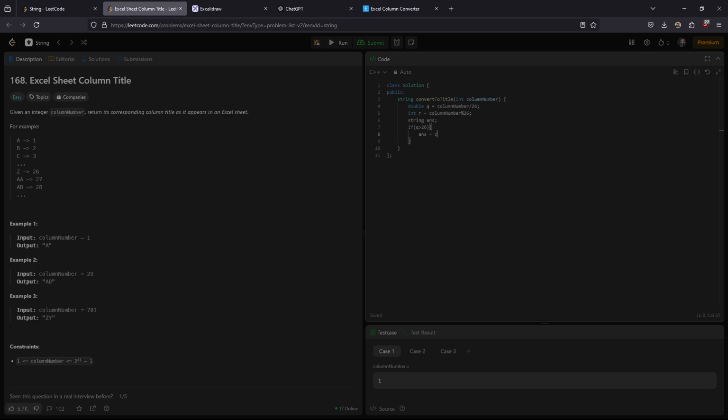What we will do is we will use ans equals convert to title, and pass the quotient here. And after the answer comes here, what should we do? Now the remaining will be the quotient to us, right?